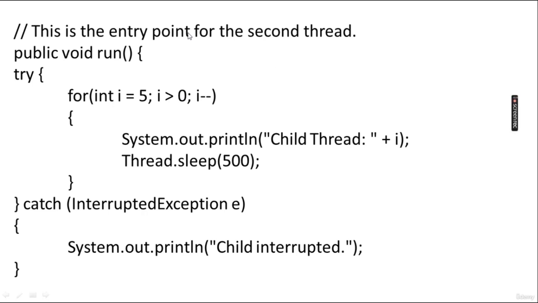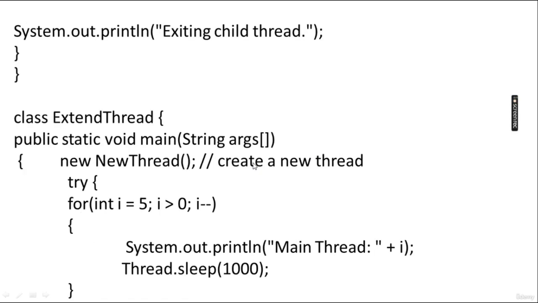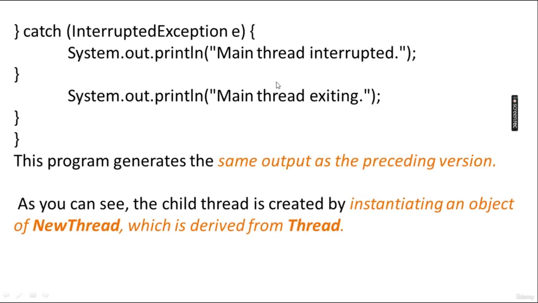This is the entry point for the second thread: child thread, sleep 500 milliseconds. Then, "exiting child thread" if the InterruptedException occurs. Then the new thread for the main. Then the main thread is sleeping for 1000 milliseconds. Then "main thread interrupted", and main thread is sleeping.